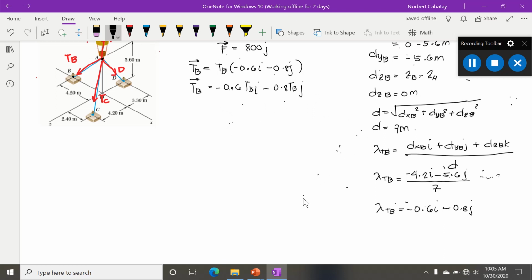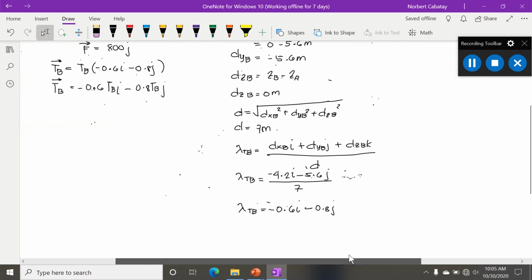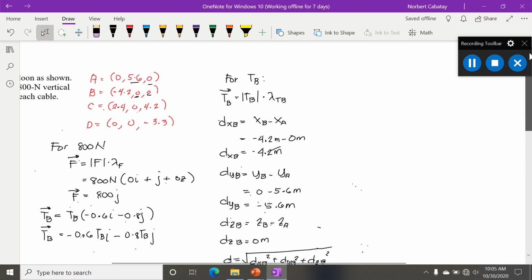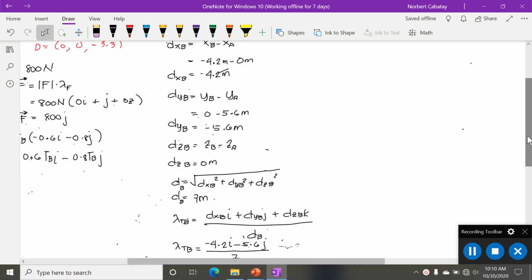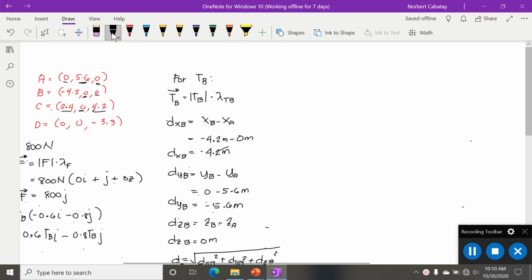Then, another one, punta naman tayo dun sa tension C. Okay, so for tension C, same process. So, the tension C in vector form must be its magnitude T sub C. Pwedeng simple as T sub C na lang, multiplied by its direction, lambda ng tension C. So, first, we have to solve for the distances.